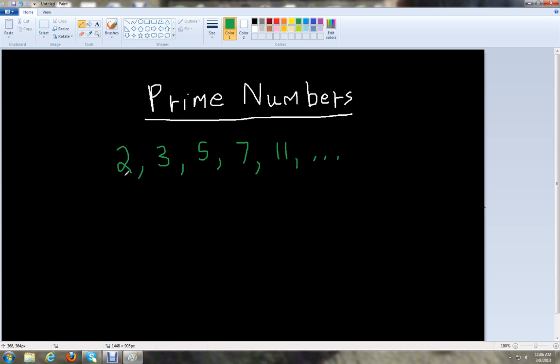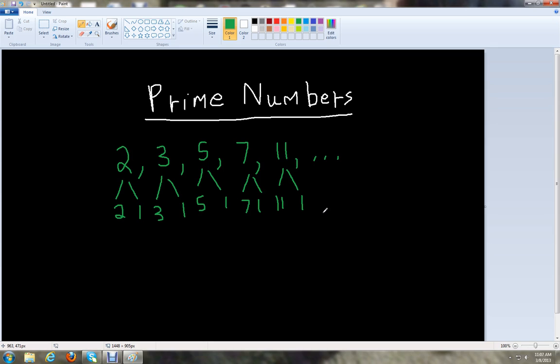So 2 is just 2 times 1, and then 3 is 3 times 1, and 5 is 5 times 1, 7 is 7 times 1, and then 11 is just 11 times 1. So the only factors are just 1 and itself.